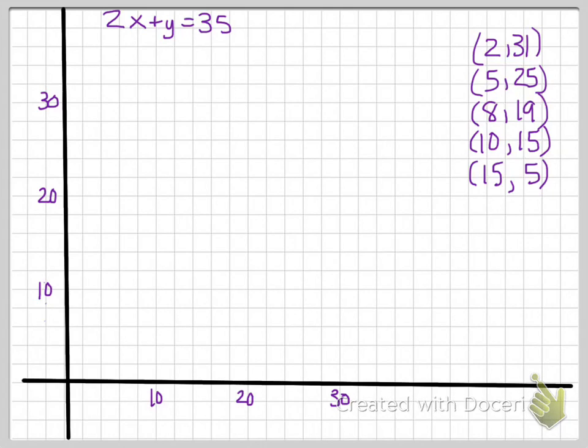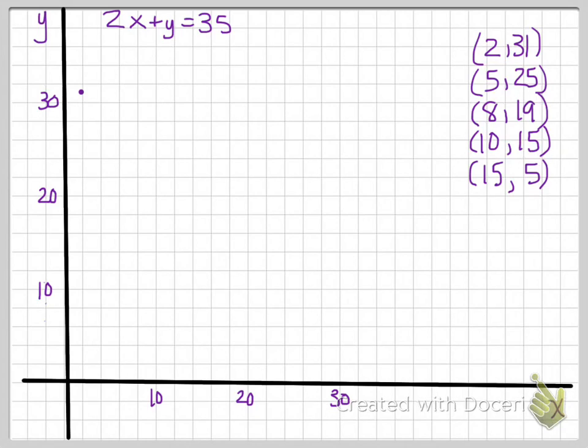So let's start plotting points. I need to label the axes. So I have X and Y. So remember, X was the bags of candy and Y is the number of drinks. And so when I had 2 bags of candy, I could get 31 drinks. So that would be right about there. 31 drinks.